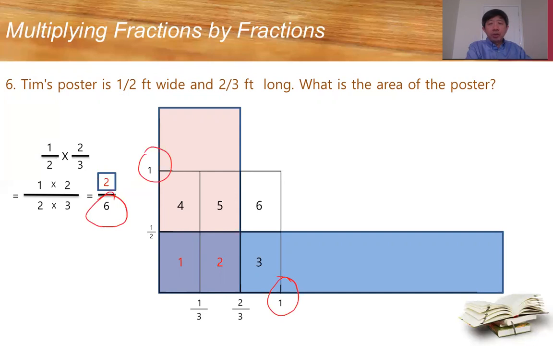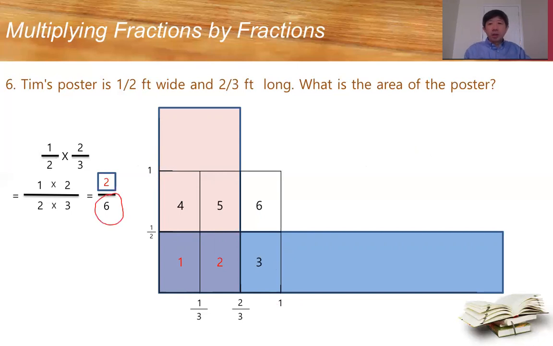We can count as one whole. We have 1, 2, 3, 4, 5, and 6 like this. So under 1 by 1, 1 by 1 unit is one whole. Because 1 by 1 is equal to 1 whole, right? So therefore, we have a 6. So did you see 6?